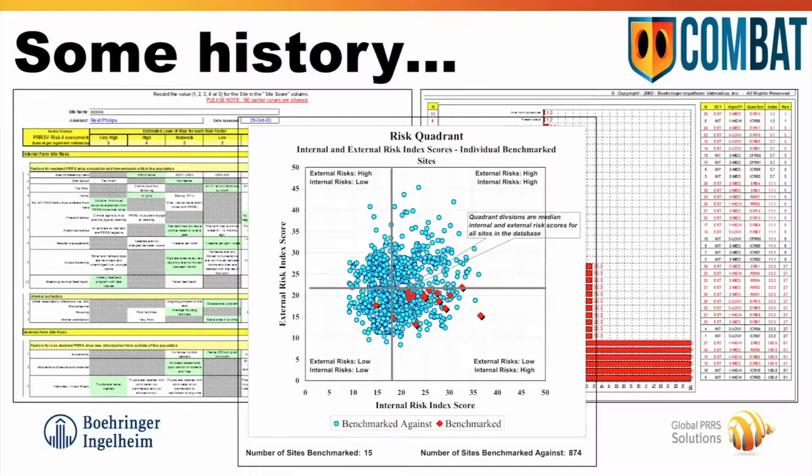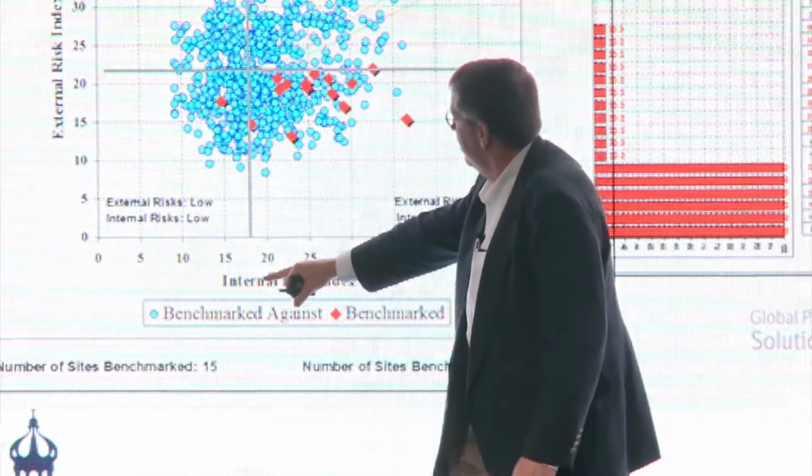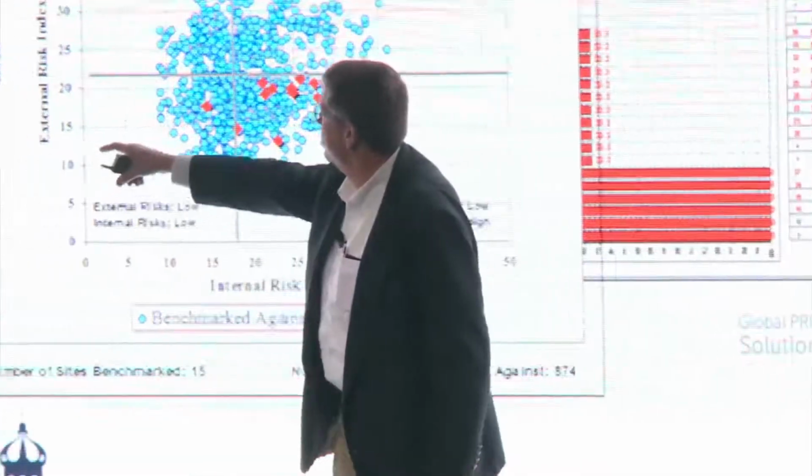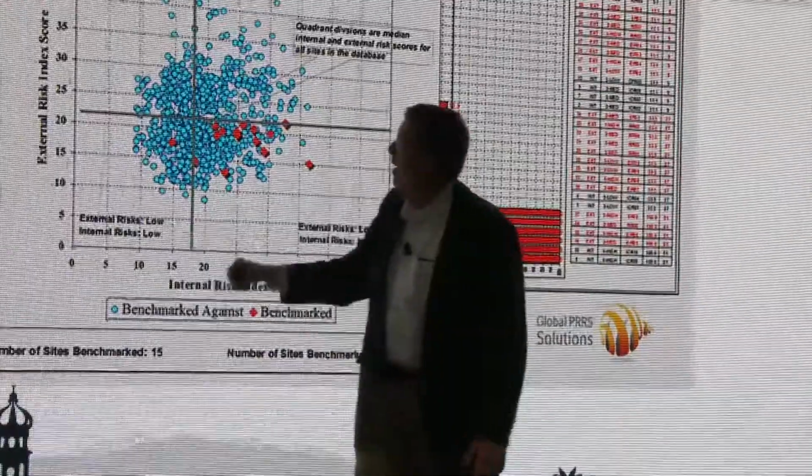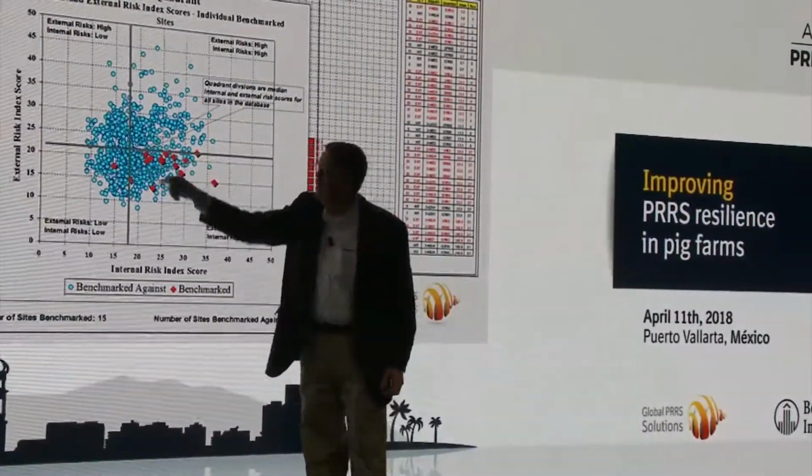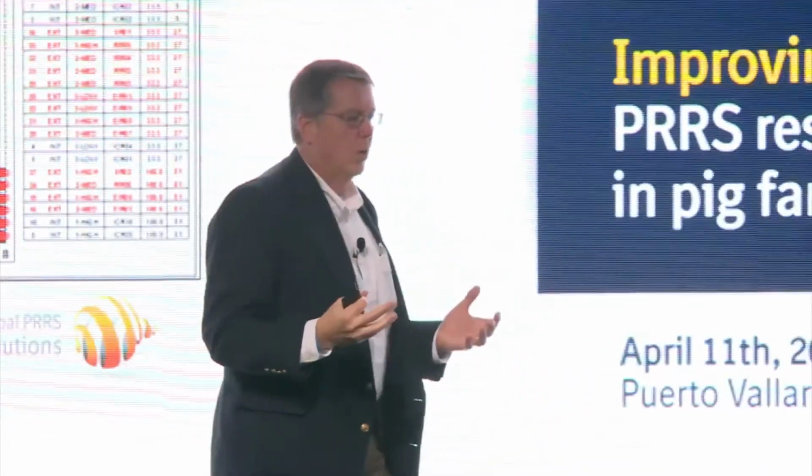And then the other format that we used at that time was to put it in a scatter plot so that we could represent internal risk on the x-axis, external risk on the y-axis, and then these lines here were floating according to the median or the 50th percentile of the risk for the external and the internal axis, respectively.